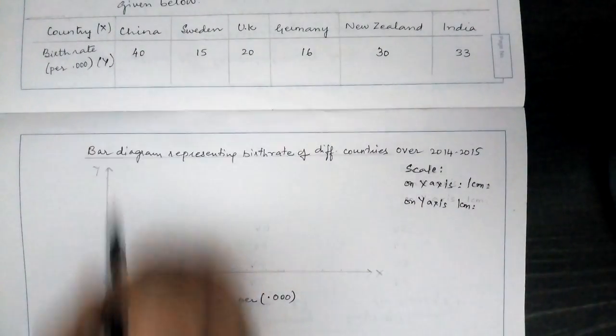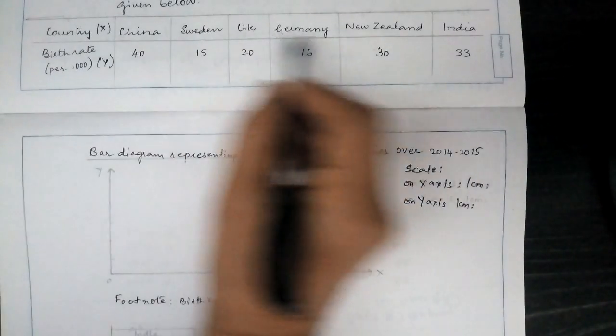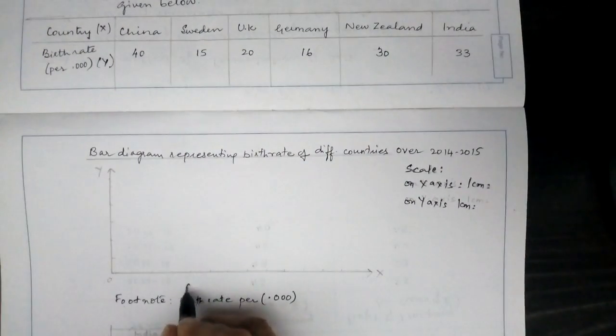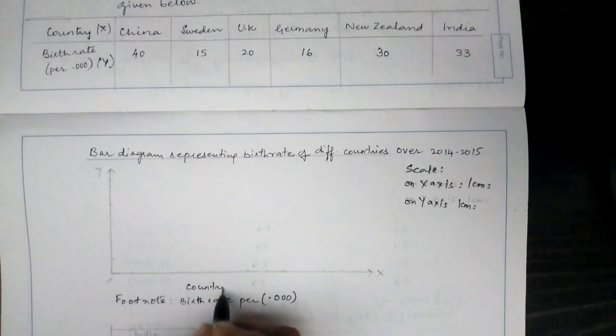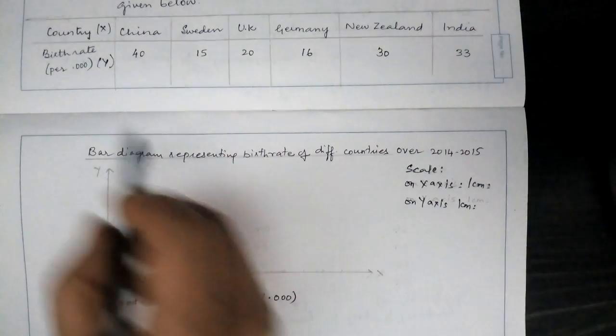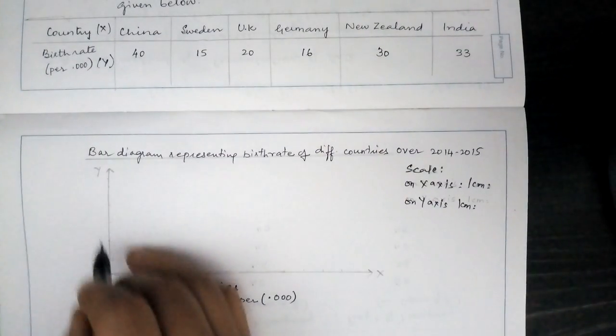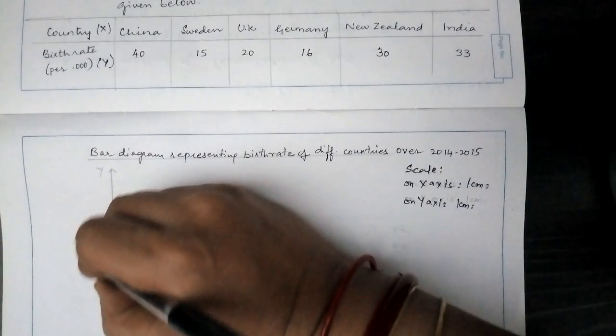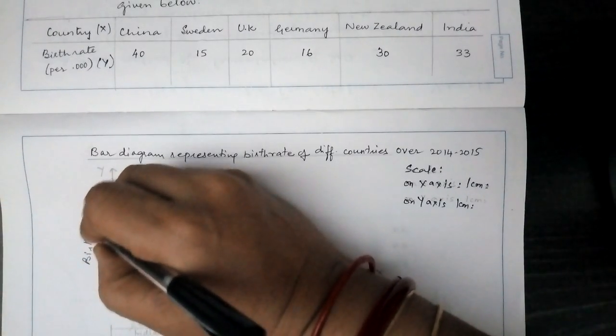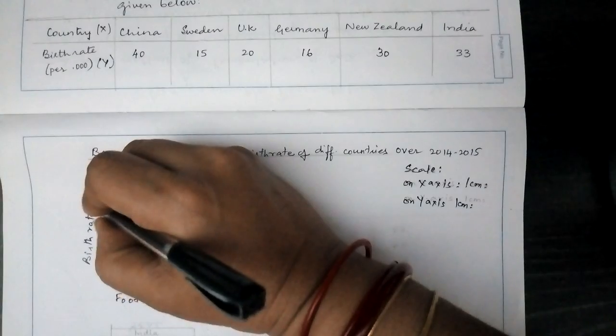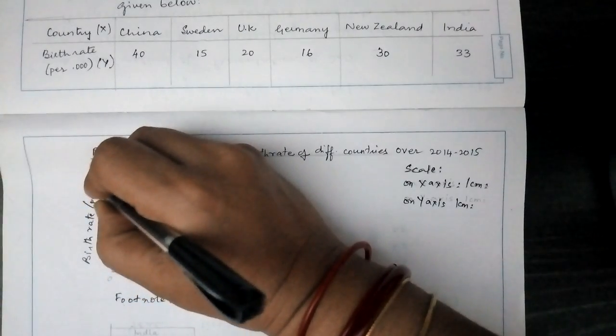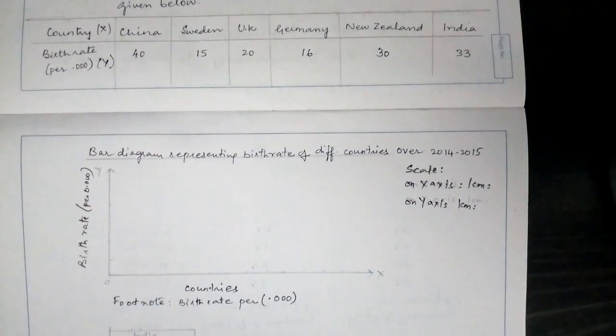So we will represent countries on the x-axis. So here we will write countries, and on the y-axis we will write birth rate per thousand. Okay.